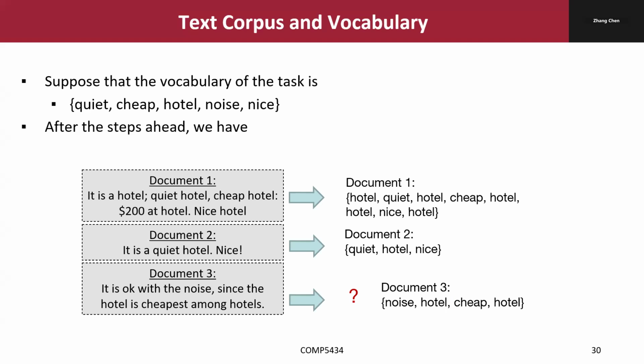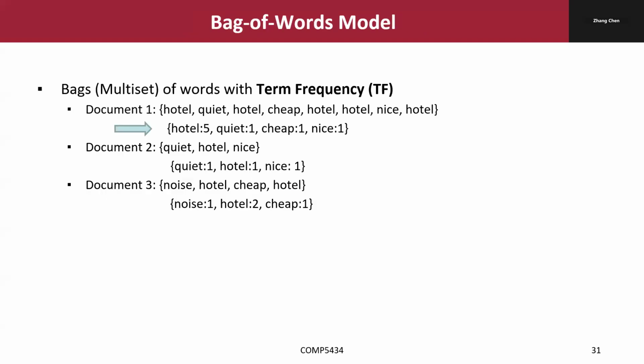So it reflects some sort of semantic tolerance. Document three should also include noise, hotels, and cheap. But by using simply the vocabulary, the analysis does not actually represent the semantics well, right? So the analysis highlights that extracting the precise vocabulary from text can enhance our understanding of the contents and the implications, right?